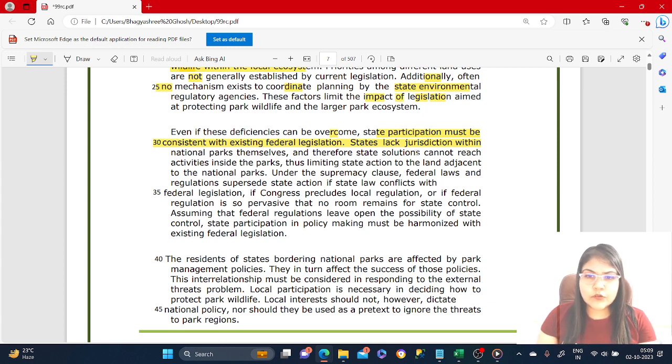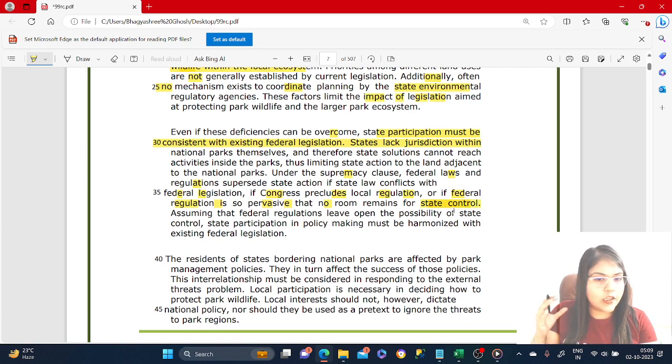Further, the state lacks the jurisdiction within National Park Reserve, therefore state solution cannot reach activity inside the park. So whatever they are saying, this is just a repeat of the idea that has already been told to us before. So idea repetition is going on. Under the supremacy clause, federal law regulation supersedes state action if state law conflicts with federal legislation, if Congress precludes local regulation, or if federal regulation is so pervasive that no room remains for state control.